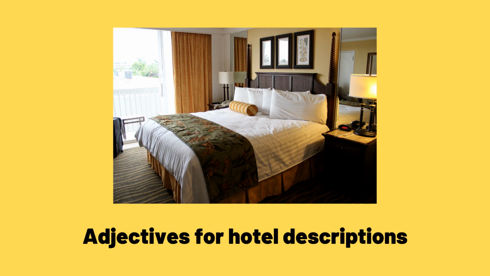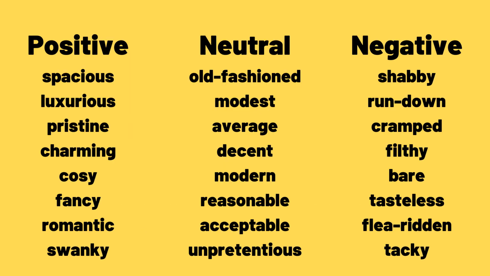Right, finally, we'll come to adjectives for hotel descriptions. When you're speaking or writing in English and in the IELTS exam, you really want to be descriptive. Give details, give color, excitement to your language. Here we have a list of adjectives, and I've grouped them as positive, negative, or neutral.